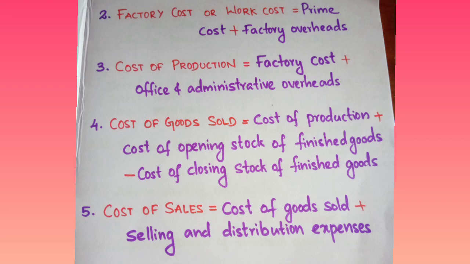Then the fifth one, cost of sales. It is the sum total of cost of goods sold and the selling and distribution overheads. The selling and distribution expenses are the expenses incurred in the process of selling goods. So we get the amount of cost of sales by adding selling and distribution expenses to cost of goods sold.